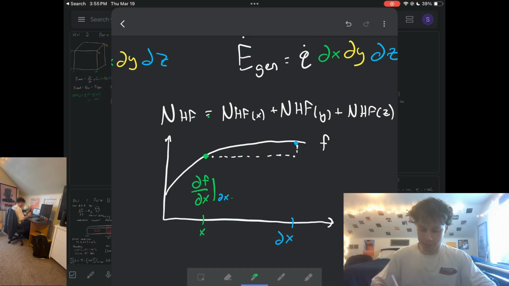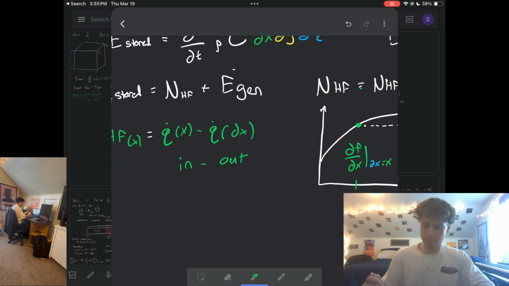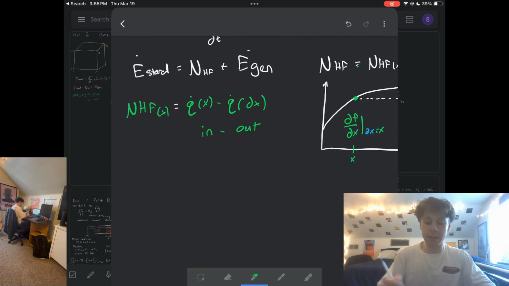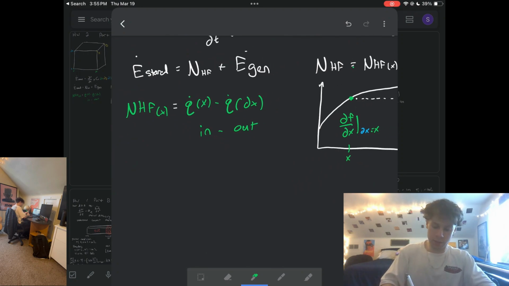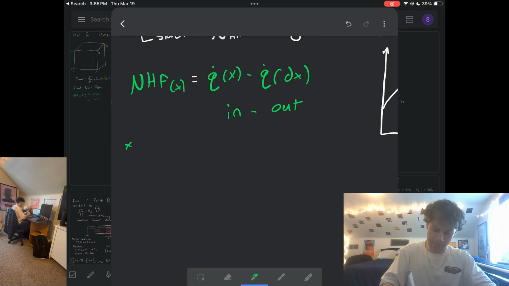So if we write this out, to find the net heat flow of our x direction, we'll get this equation.